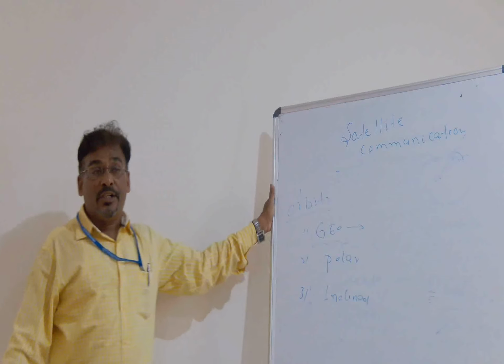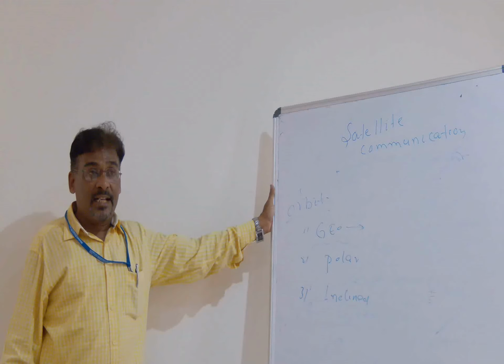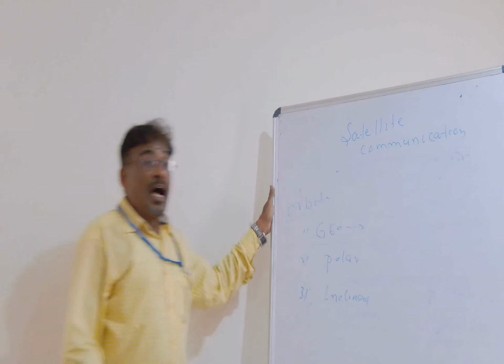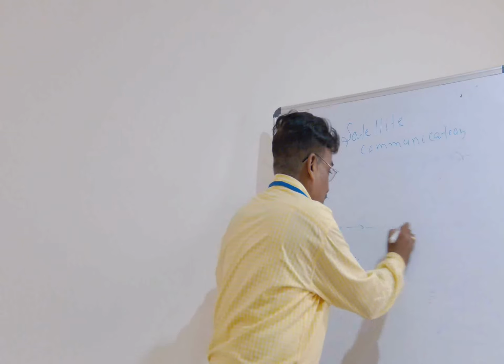In case of geo type, it is purely horizontal and it is 36,000 kilometers away from the Earth.